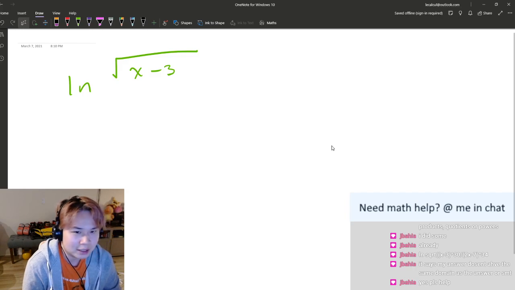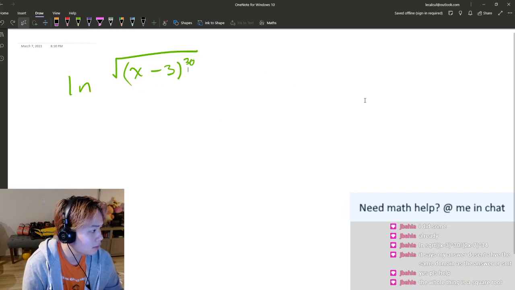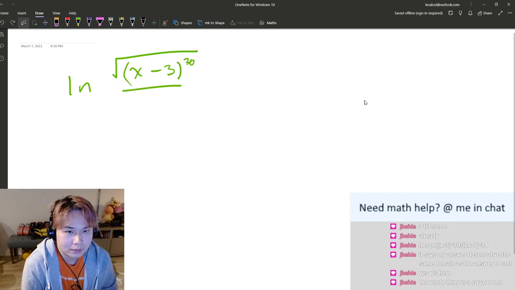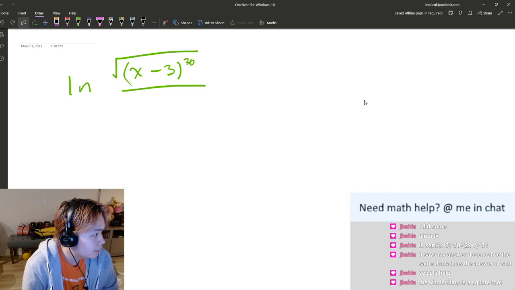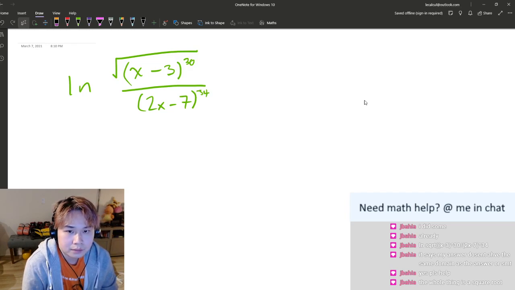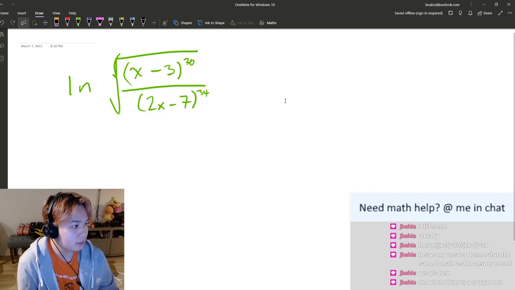What are we square rooting? Like the entire thing is square rooted? Okay. So you have this, right?